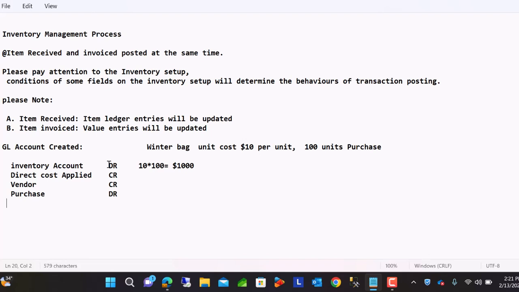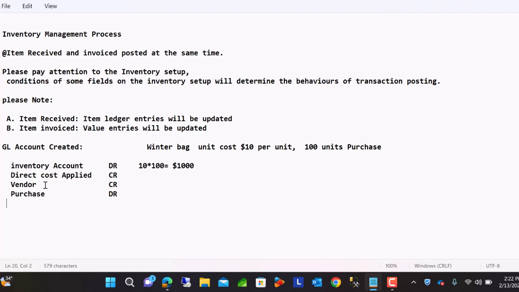For every debit entry, there must be a corresponding credit entry. So the credit value will go to direct cost applied. That is the account that is hosting the corresponding entry to our inventory account. The third one is the vendor account, the vendor that we are purchasing the item from.